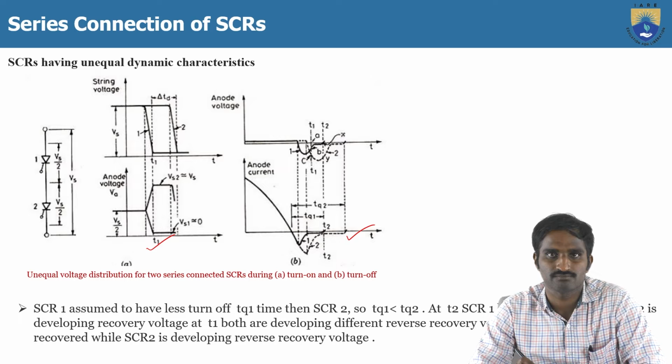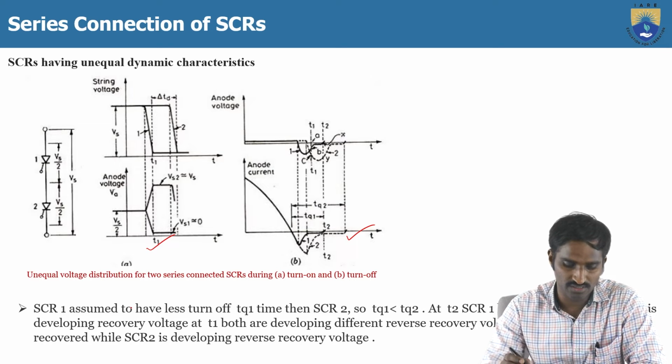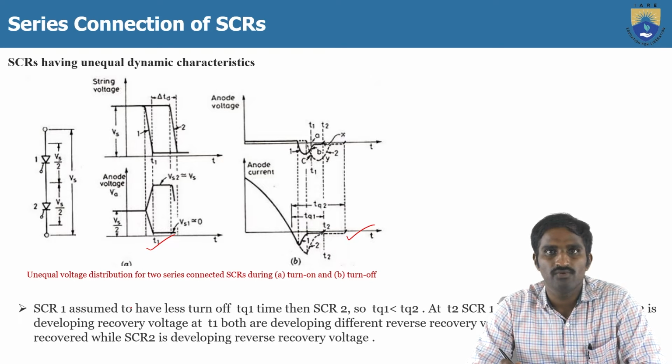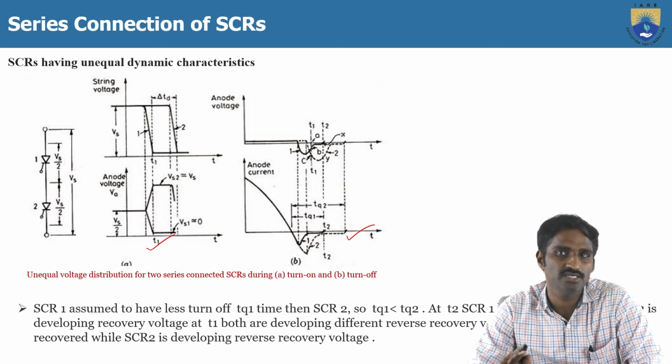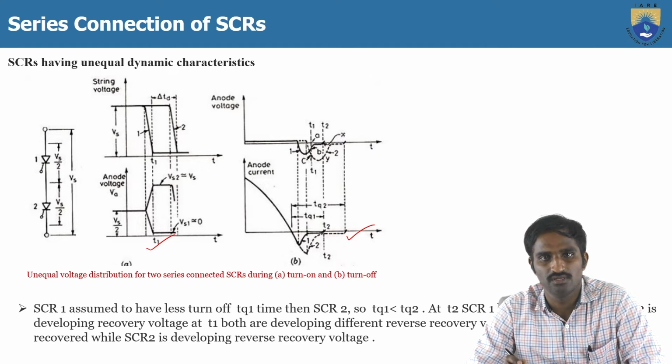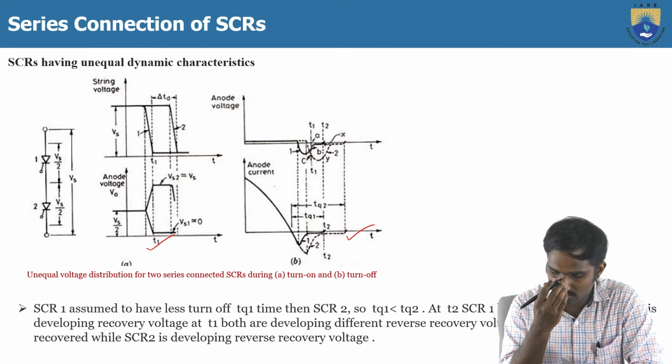Because as you can see here, if SCR1 is assumed to have less turn off time TQ1 than SCR2, which means SCR1 has recovered while SCR2 is still developing the recovery voltage at T1. So both are developing different reverse recovery voltages.